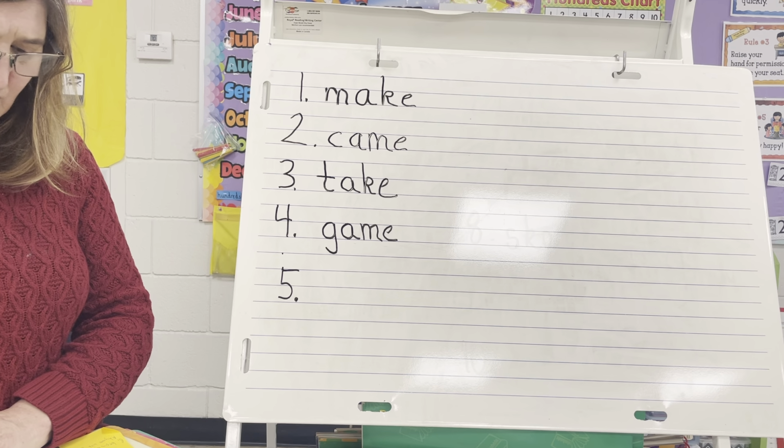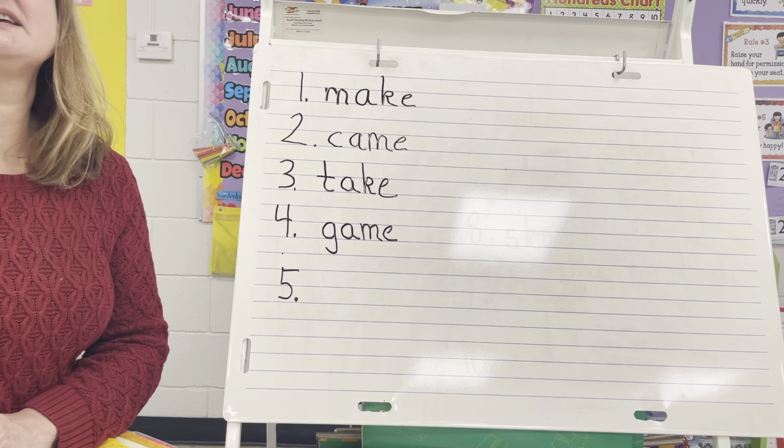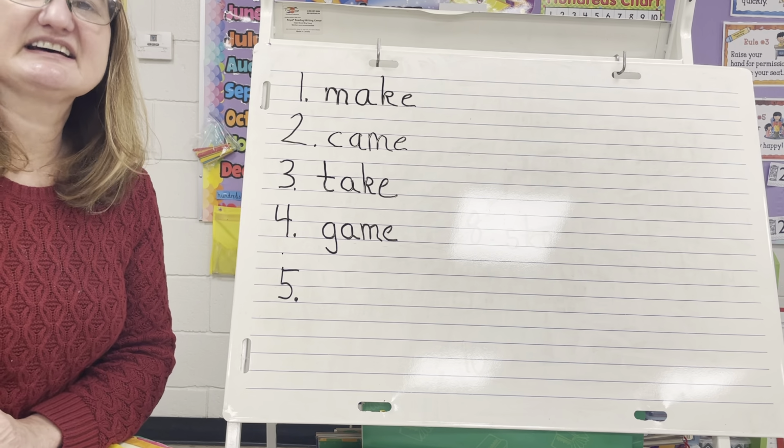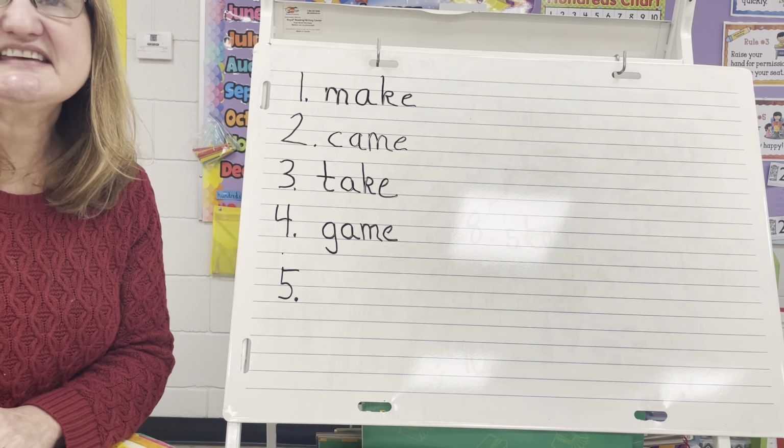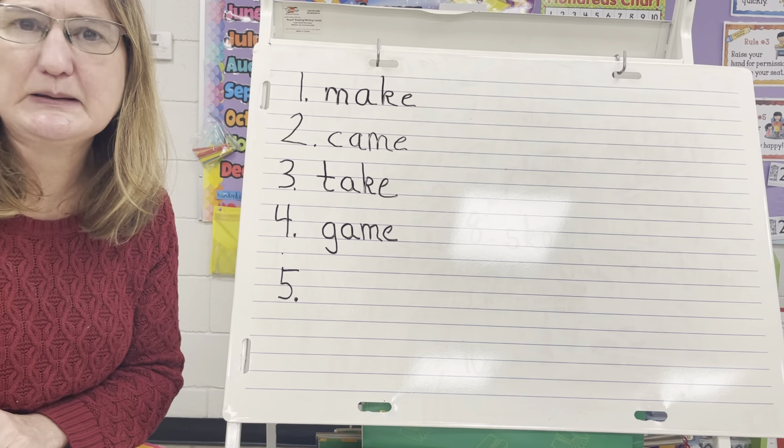All right, let's try number 5. All right, this word begins with the N sound and rhymes with tame. Write the word that this would be. Okay, I'm going to write a little behind you.